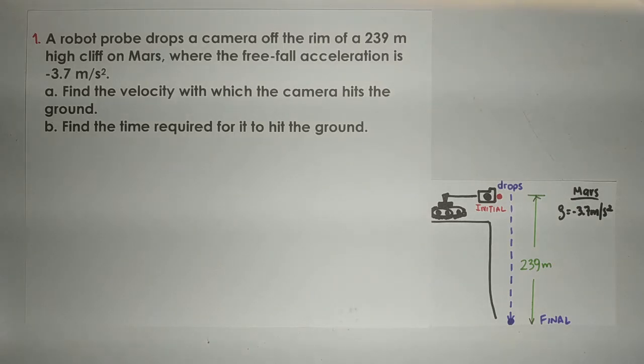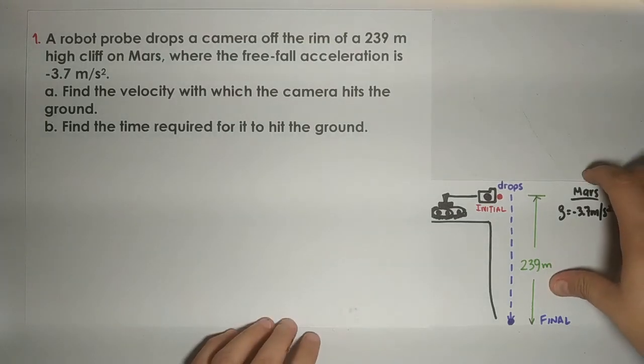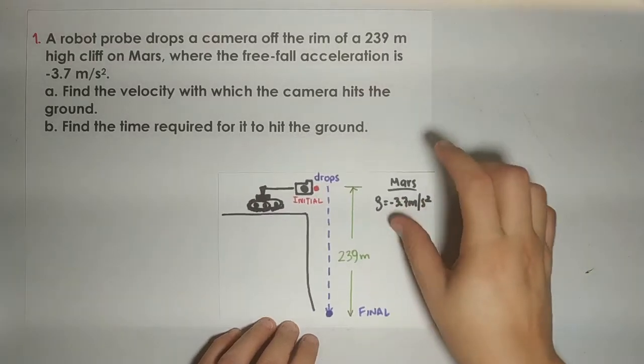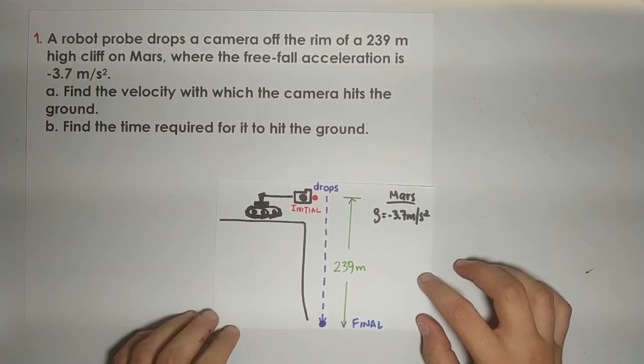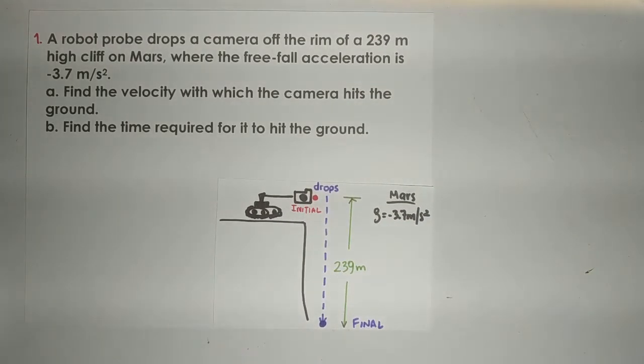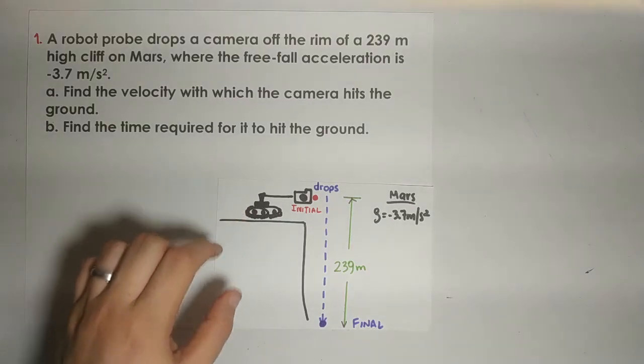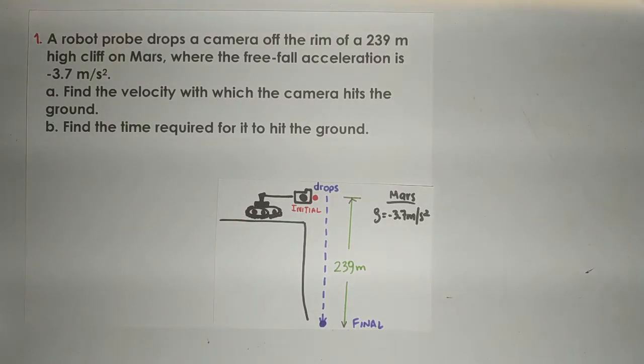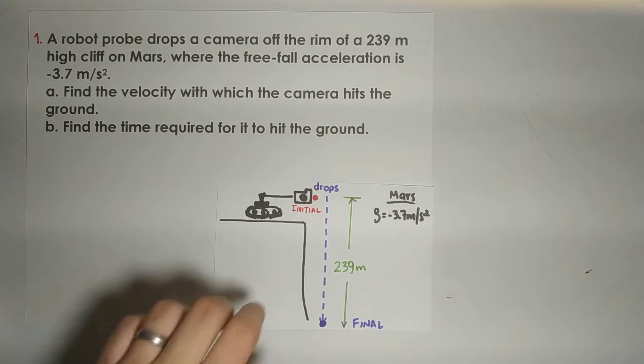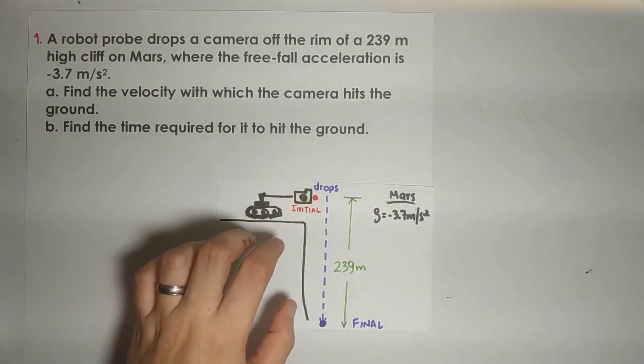Find the velocity with which the camera hits the ground and find the time required for it to hit the ground. Now let's see. I did a drawing similar to the idea that is happening. Let's say this is the robot probe that is on Mars, and by accident or intentionally drops the camera off the rim.